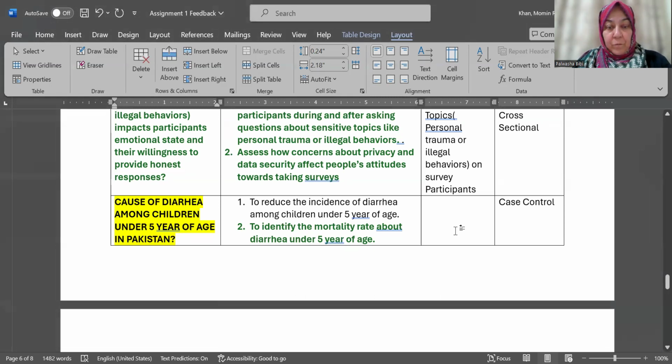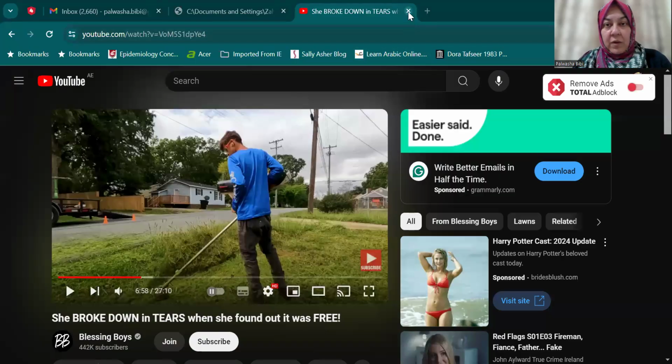I'm going to stop the share here and then go to Google and show you how to do an actual search.